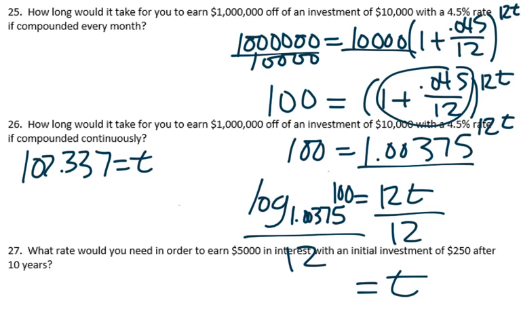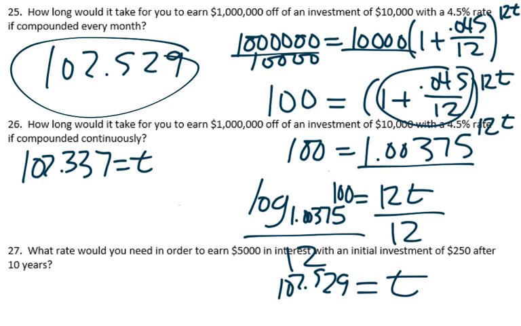So I go log base 1.00375 of 100, take that and divide it by 12, and we end up with about 102.529. So slightly quicker to go with the continuous one.